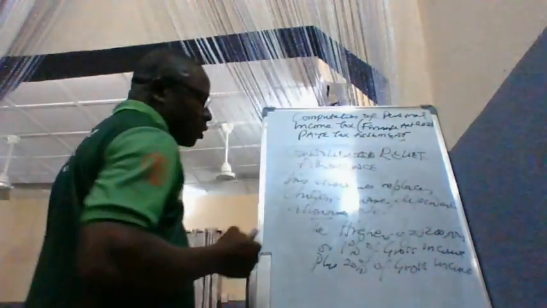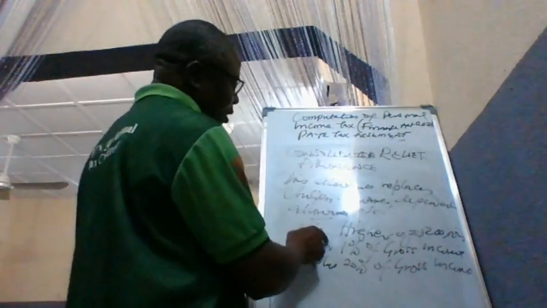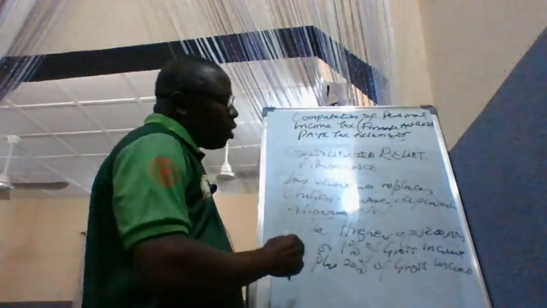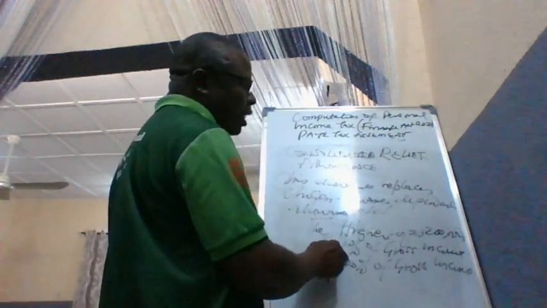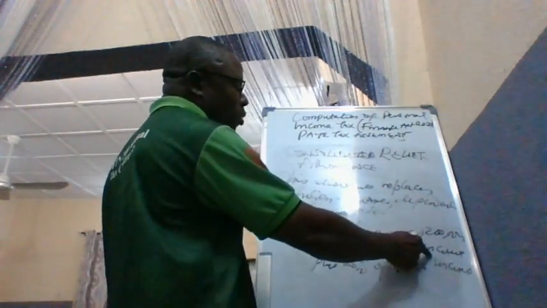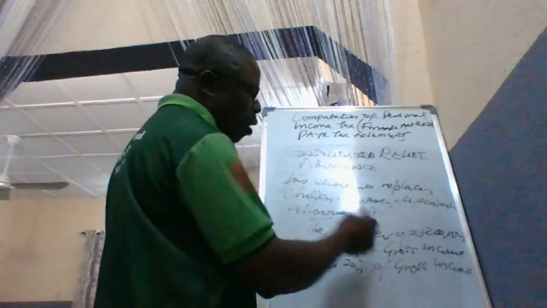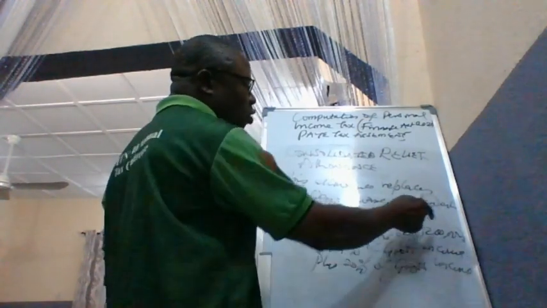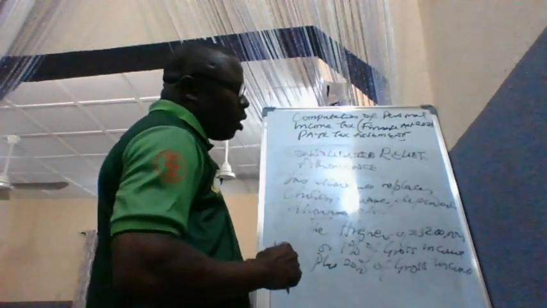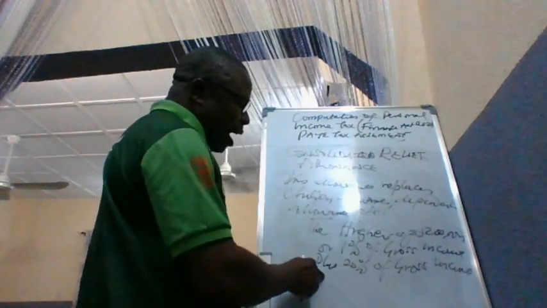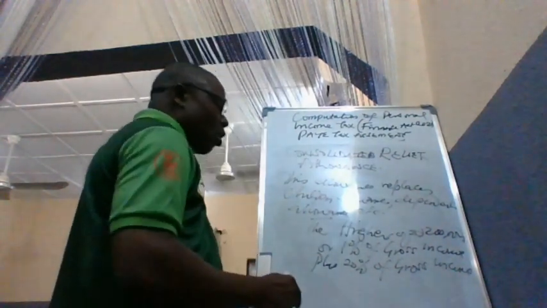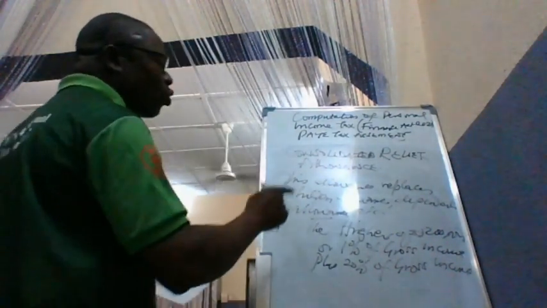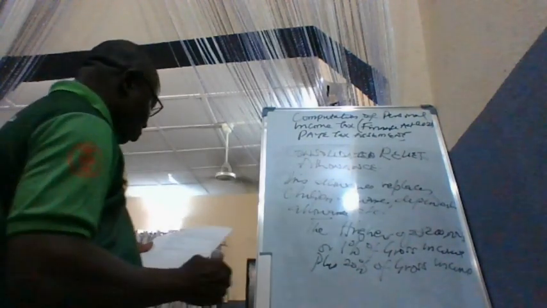So that means that for you to arrive at this consolidated, you need to calculate the 1% of the gross income, and then you compare the 1% of gross income and 200,000 naira. Whichever one is higher, then you add 20% of the gross income to that one that is higher.